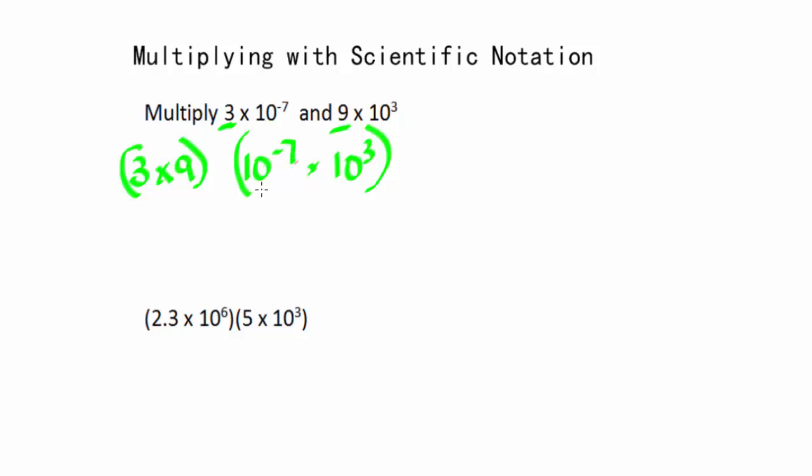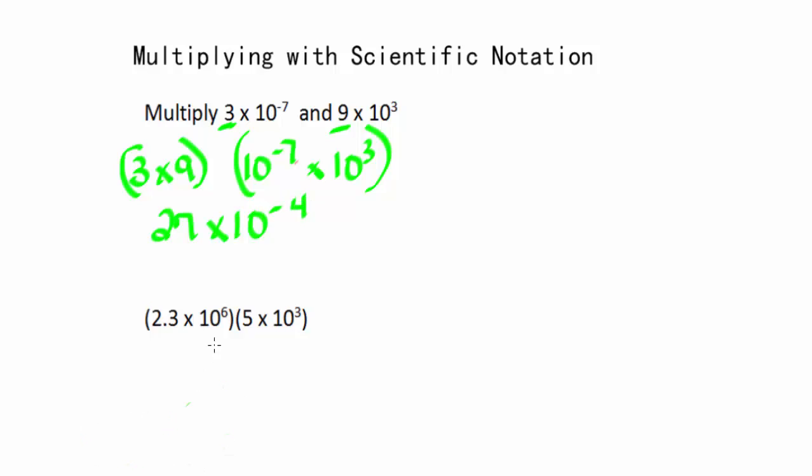You have those together. So you have 9 and 3 is 27, and then we have times 10, and remember when we multiply, we combine our exponents, so negative 7 plus 3 is going to give me negative 4.